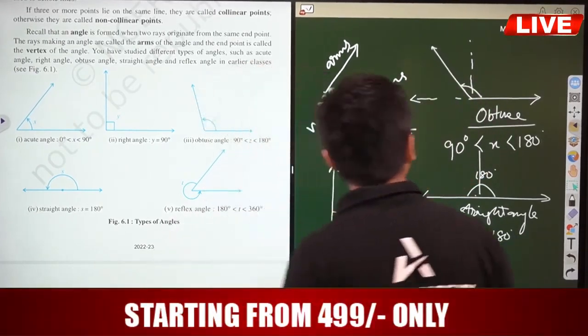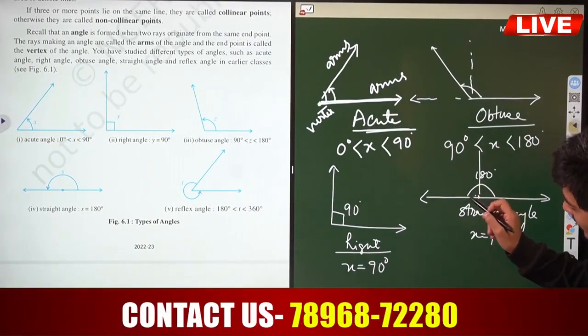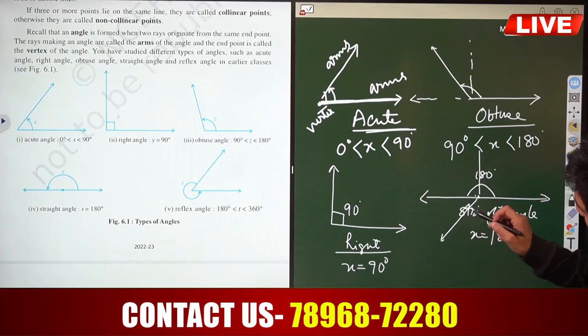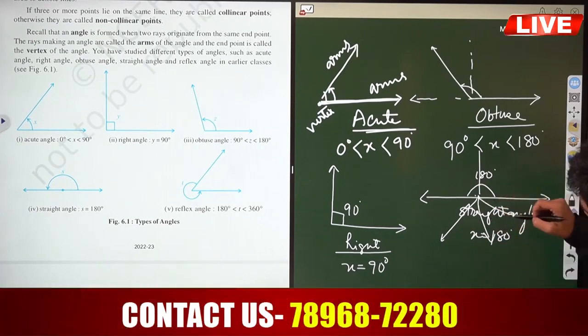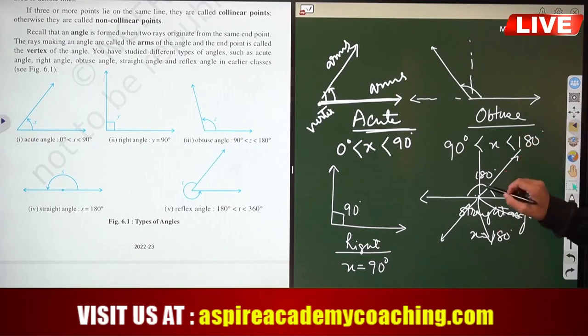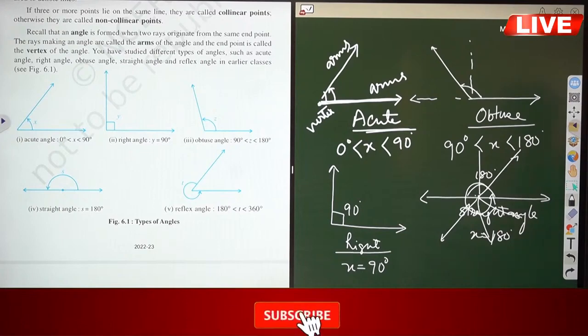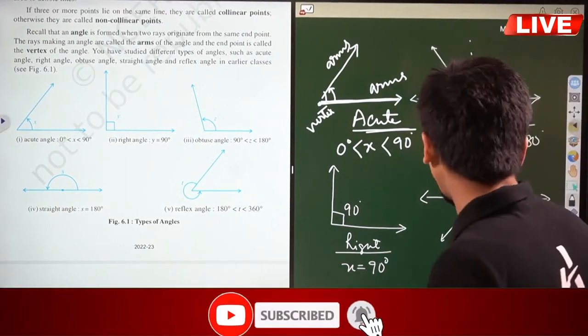But now see here, this line from this point can further go on like this also, like this also, like this also, and like this also, right? It can move on, it can turn from here to here, right? So what will I call this angle? I will call this angle a reflex angle.